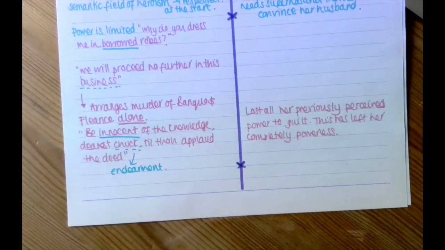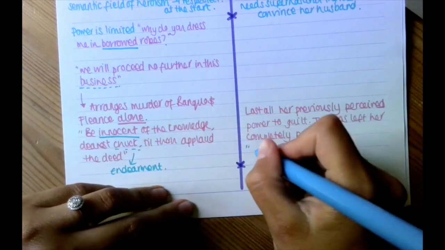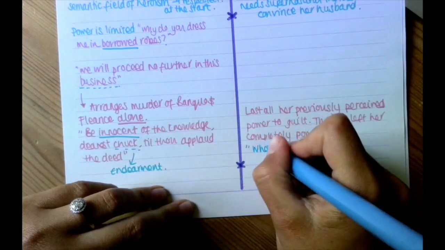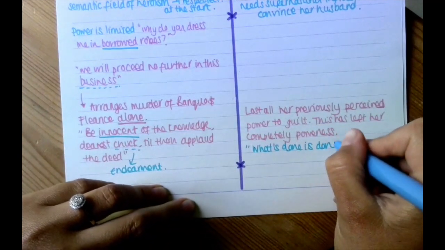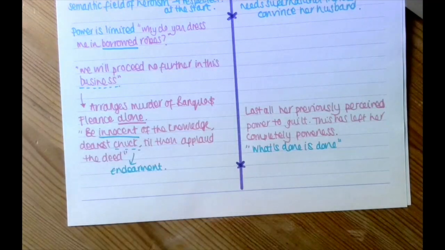You can talk about "what's done is done. What's done cannot be undone." You can talk about "out, damned spot." You can also talk about the fact that she always insists that she has the light with her.